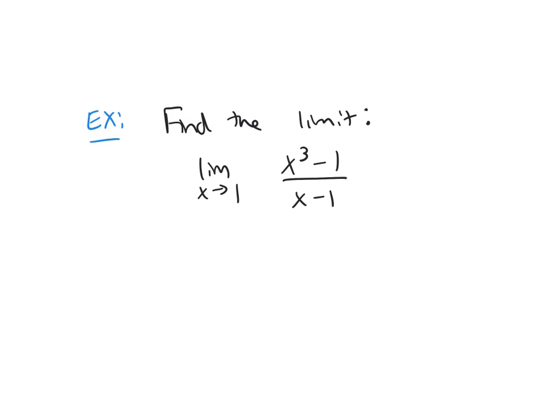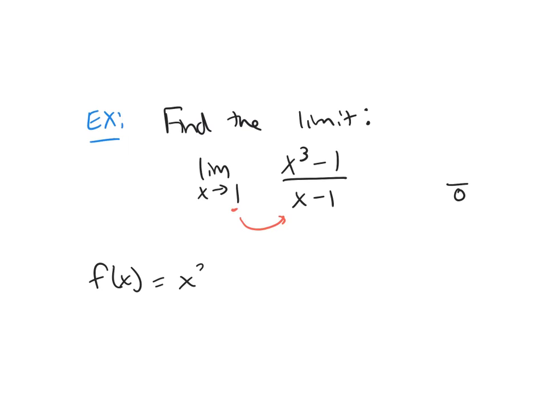Now here, if I plug in 1 into my denominator, I'm going to get 0 in the denominator. So that means I can't just plug in my number into my function to compute this limit. So we're going to have to do something different here.